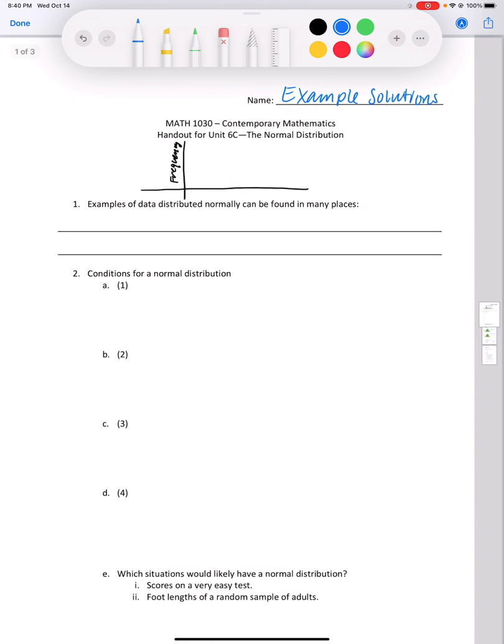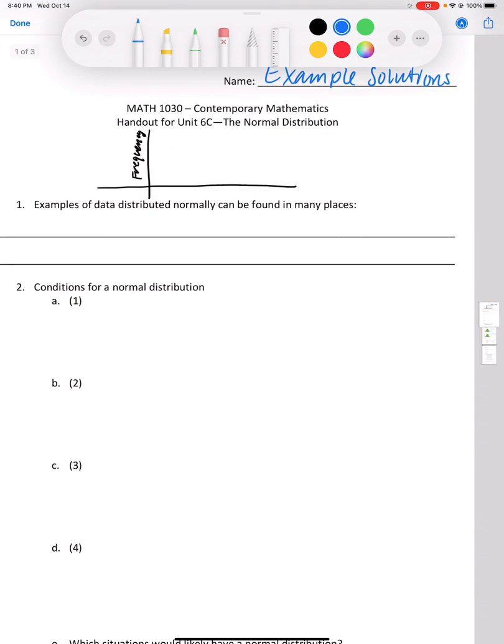It's like a hill. And it is symmetrical around the mean. So I'll put the mean here. So all the data is distributed around the mean.